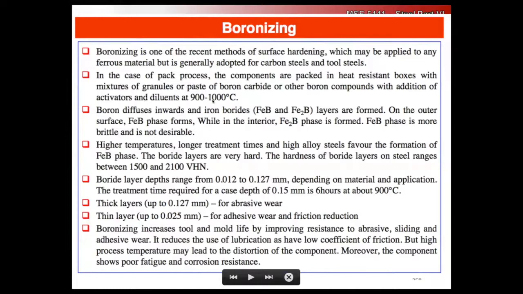You're going to put it in a box containing a bunch of boron carbide, which when heated up the gas is going to diffuse into your sample. You're going to form iron boride and diboride, right? And basically this is just additional precipitation hardening at the surface.